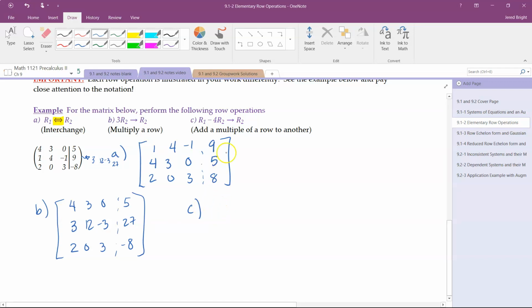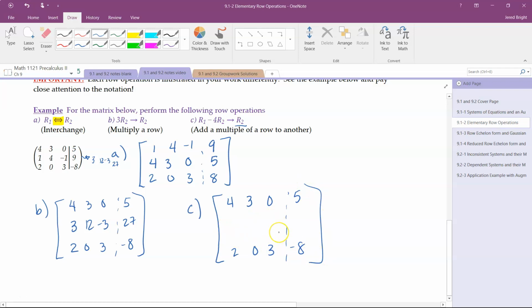What this says is I need to take row 1, subtract 4 of row 2, or equivalently add negative 4 times row 2, and put it into row 2. If we think about the final outcome, rows 1 and 3 are going to be unchanged. So I'm just going to reflect that here: 4, 3, 0, 5, and 2, 0, 3, minus 8.